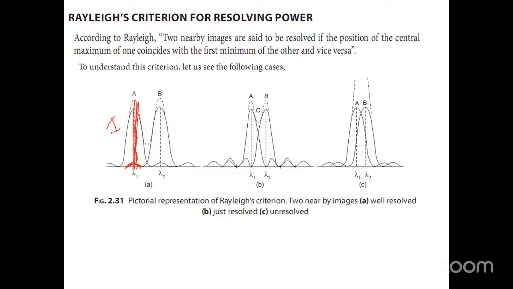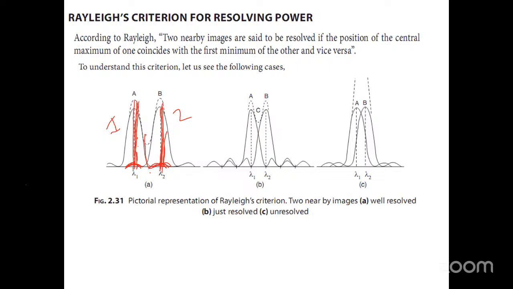Or else you can go for this. This is the central maxima of the second one, which coincides with the first minima of the first one. First minima here. Is it clear?